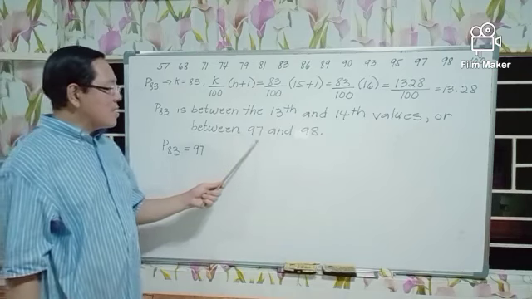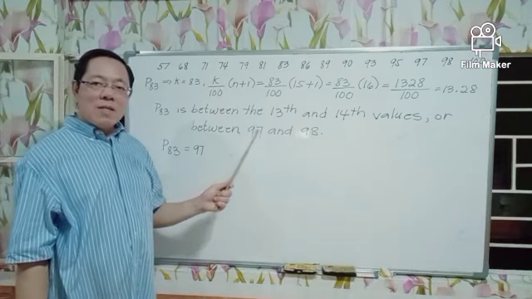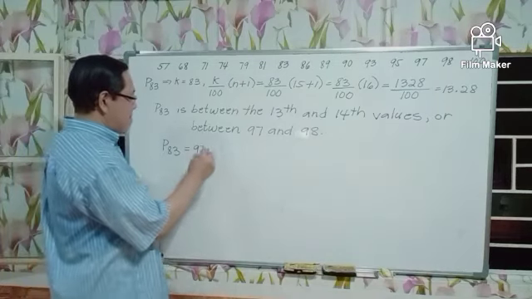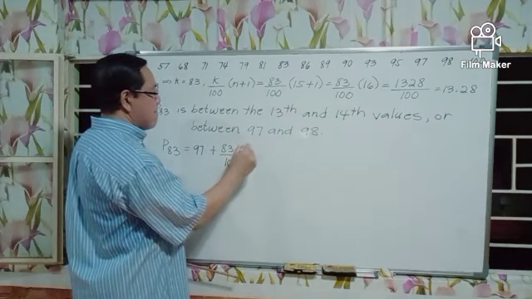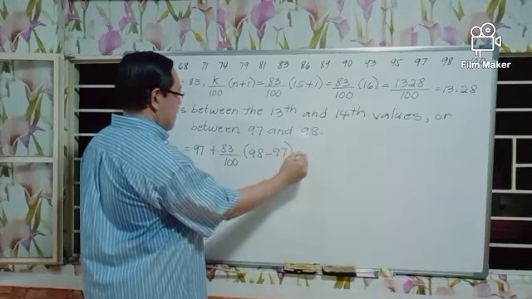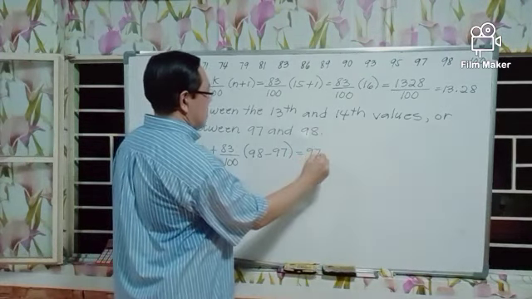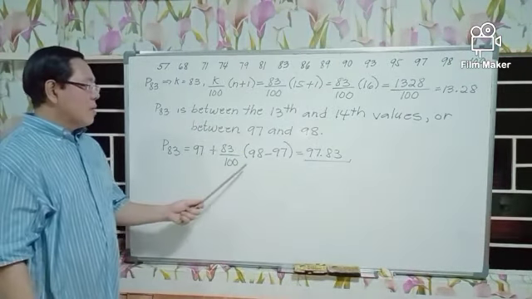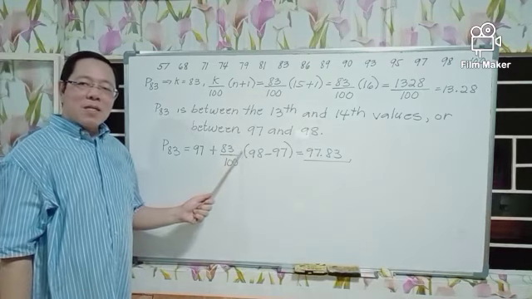The distance between 97 and 98 is given by the difference 98 minus 97, and that difference we multiply by 83 over 100. 98 minus 97 is 1. 1 multiplied by 83 is 83.